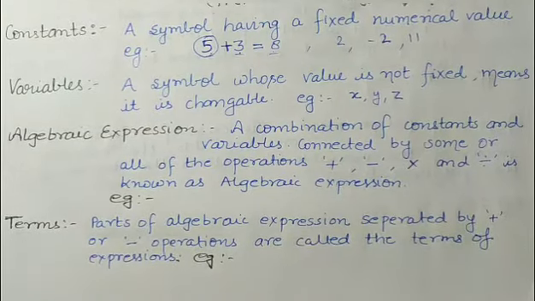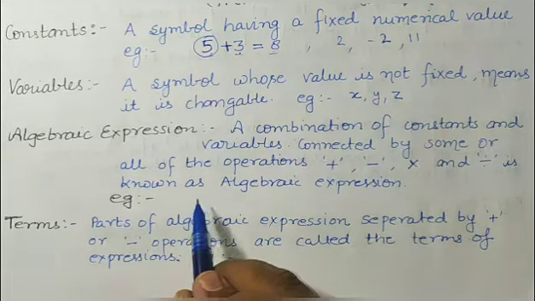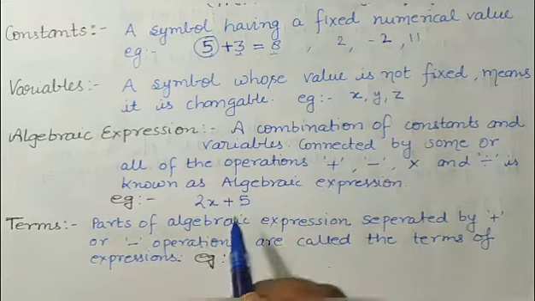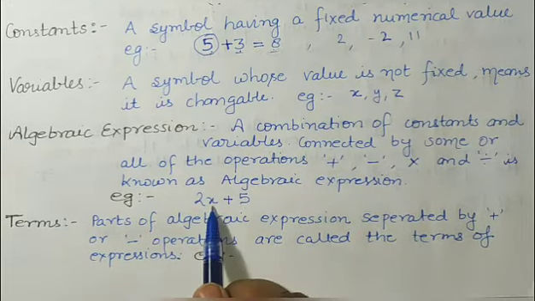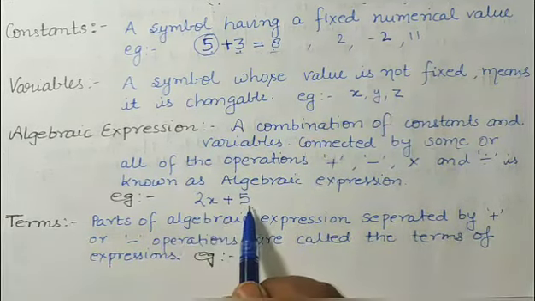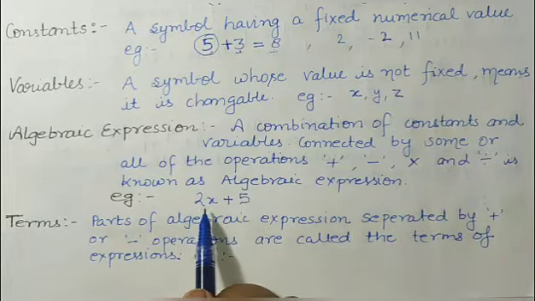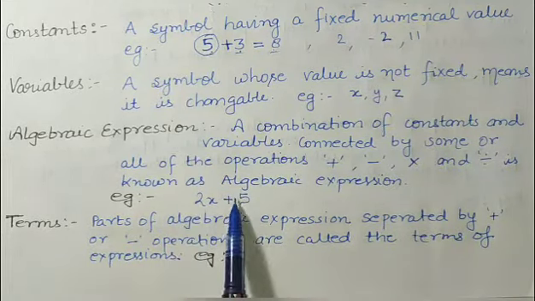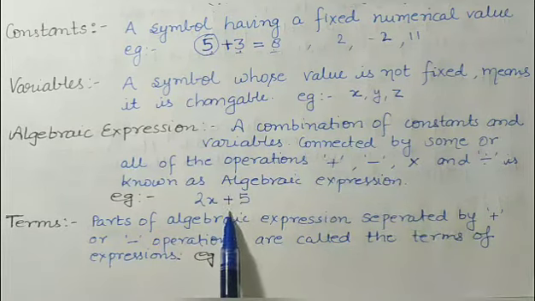Now we are combining variables and constants. Suppose we have written 2x plus 5. It is a variable, it is a constant. So it will be known as an algebraic expression because it is connected by an addition sign.